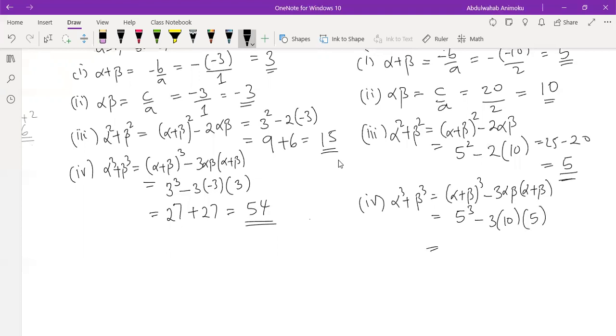So 5 cubed is just 125, right? 25 times 5, that's 125. Then 3 times 10 is 30, 30 times 5 is 150. I think that's correct. So 125 minus 150 is minus 25. That is alpha cube plus beta cube.